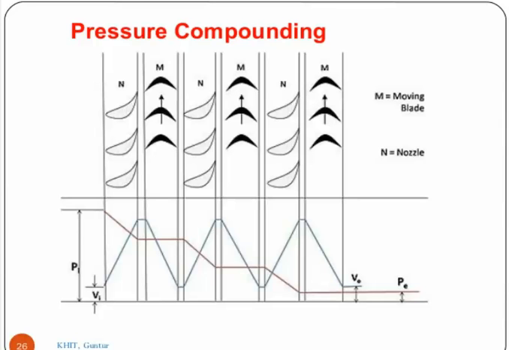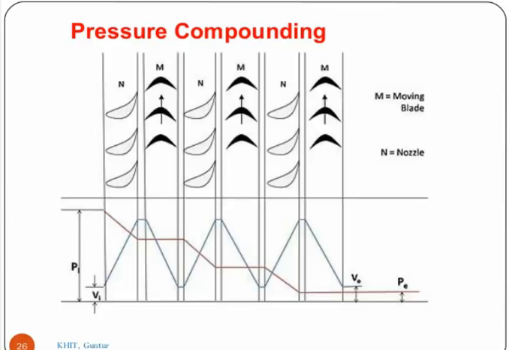The exit steam from one turbine is made to enter the nozzle of the succeeding turbine. Each of the simple impulse turbines is then termed a stage of the turbine. Each stage comprises its ring of nozzles and blades.